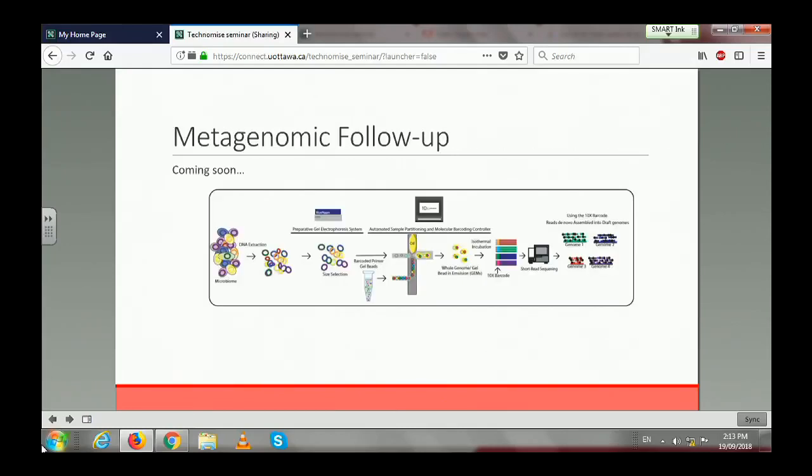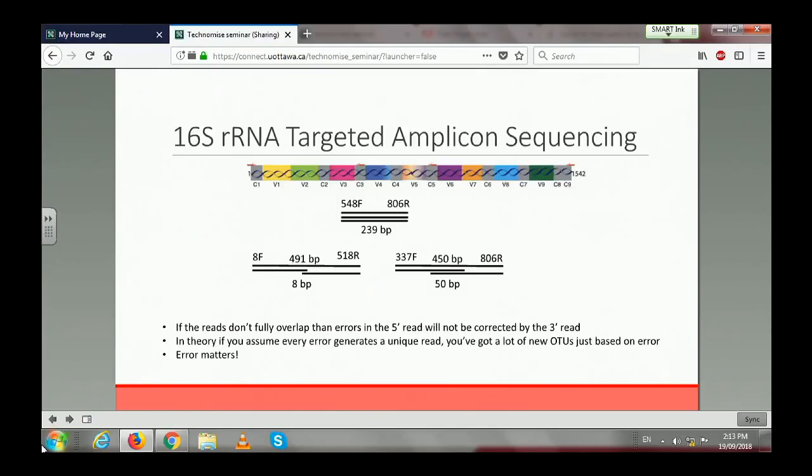I have read studies where they've actually said this produces more diversity than this, and people submitted this for publishing, but if you calculated the error based on Illumina having a 1% error read, all they were seeing was error. The numbers worked out exactly. So the studies that compare different sized amplicons and claim that one is better than the other because they provide better diversity, it's just error. And those studies are published.